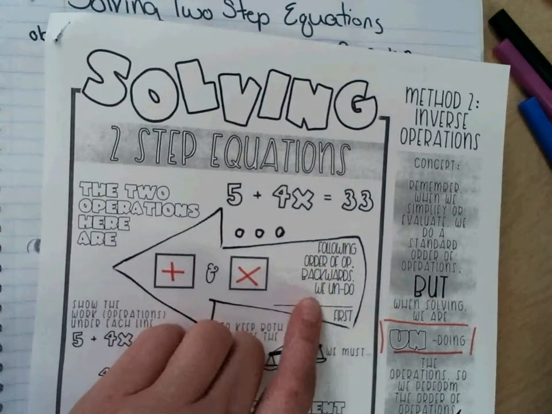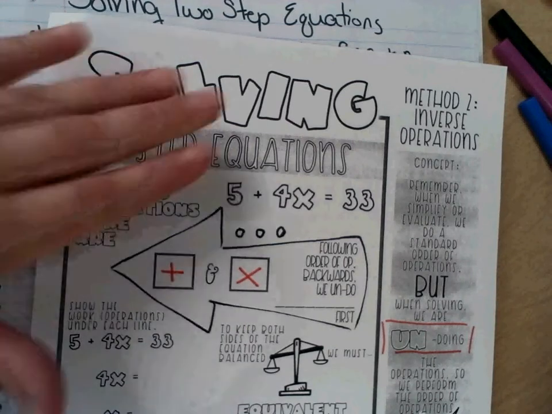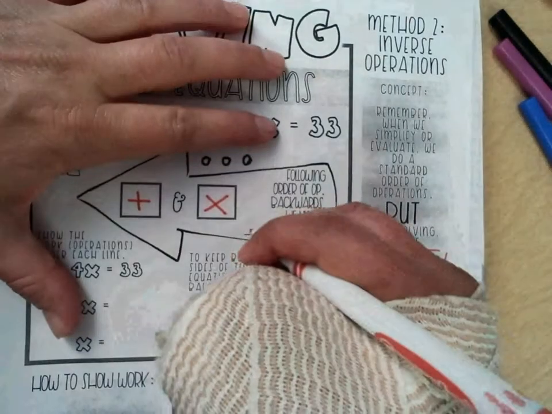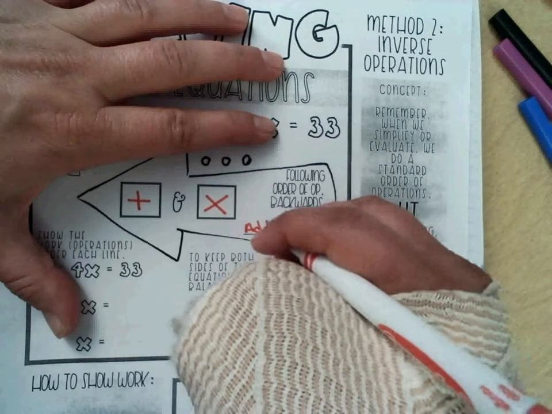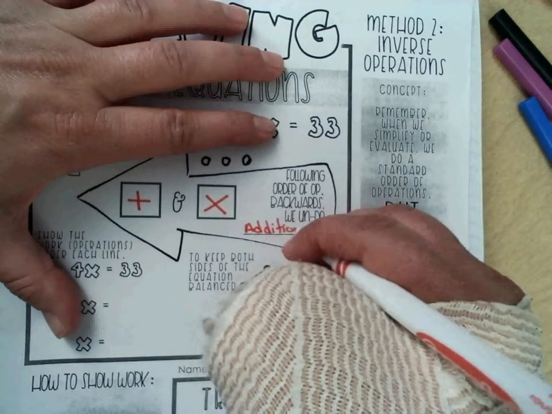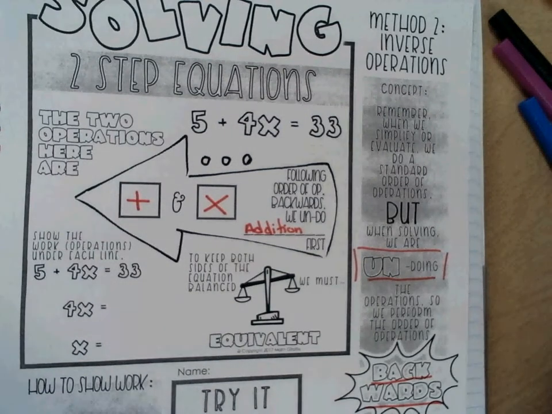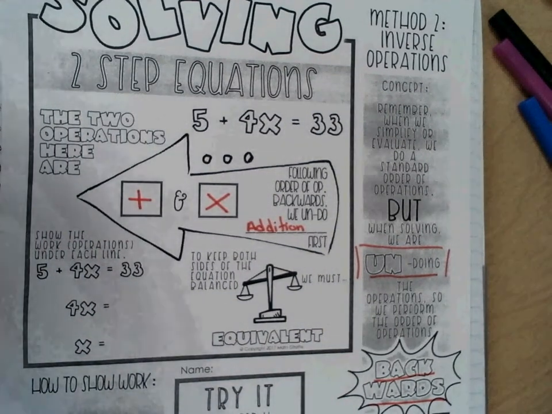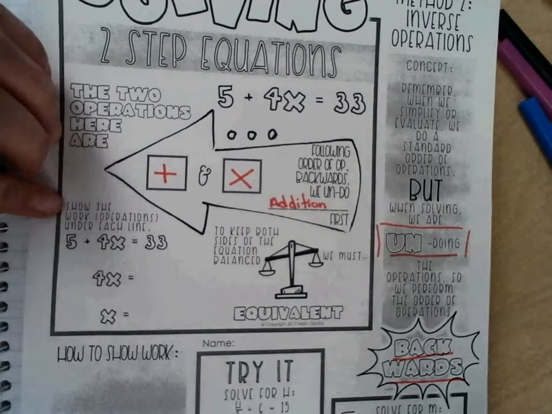So following the order of operations, what do we undo first? We're actually going to undo the addition first. Okay? And so we're going to use that inverse operation in order to do that. So we're going to undo addition first.